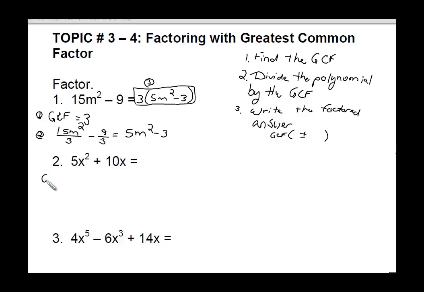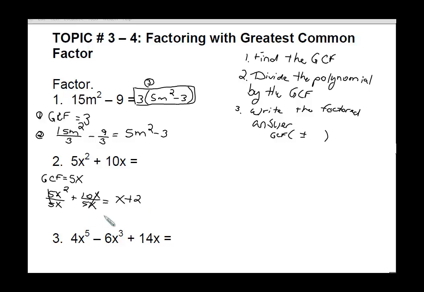All right, number 2, the GCF. We have 5 as our greatest common factor number, and they both have at least one x. So our GCF in this case is 5x. Step 2, divide the polynomial by the greatest common factor. 5x squared over 5x, 5 over 5 is 1. x squared over x is x. 10 divided by 5 is 2, so we have plus 2.